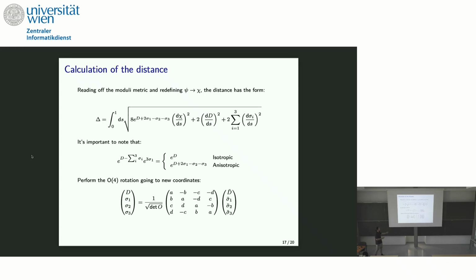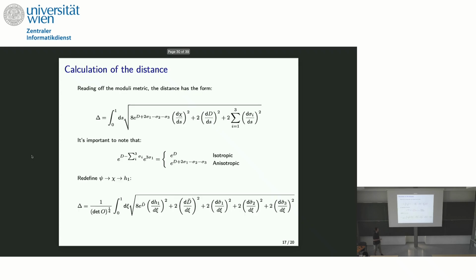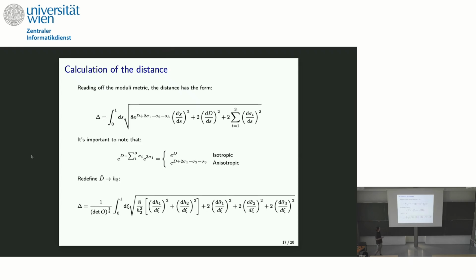So we have to perform some shifts in the internal space, which are very crucial in our calculation. We perform an O4 rotation, and we bring the distance to this form. We perform again some redefinition that I don't write down explicitly, and in the end, our distance has this form, and from here we can recognize the geometry of our moduli space.